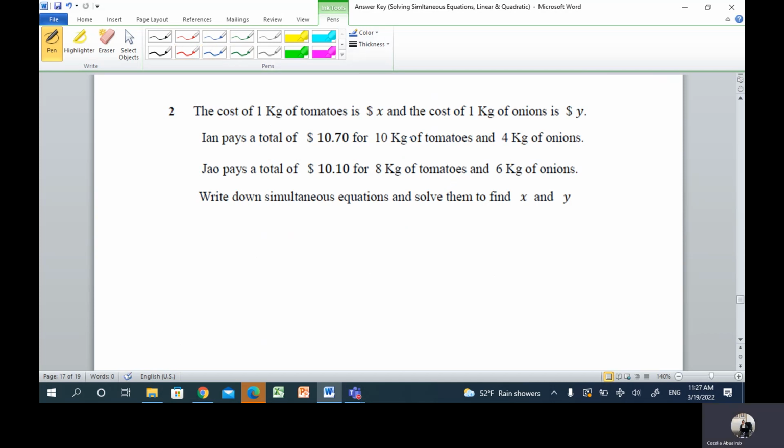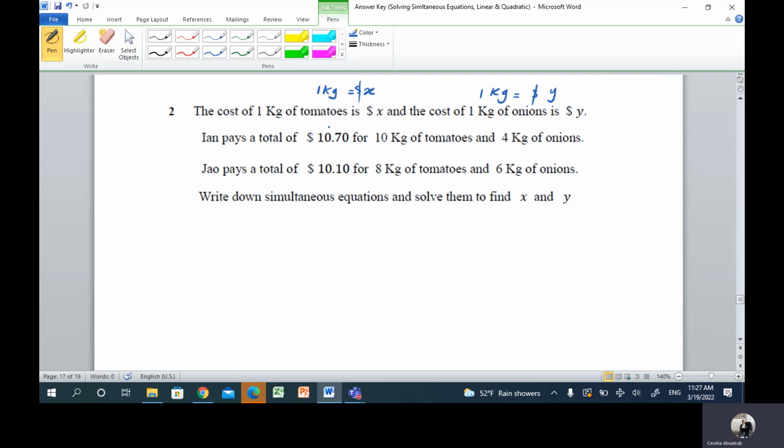Okay, and so 1 kilogram of tomato is equal to X. Okay, in dollars, the cost. And 1 kilogram of onion, the cost is Y. It's unknown. Ian pays a total of $10.7 for 10 kilograms.